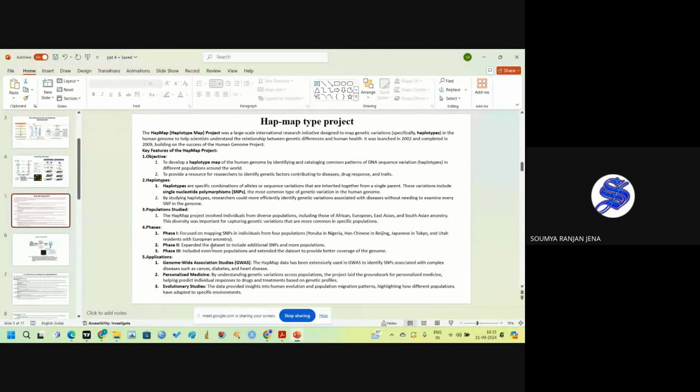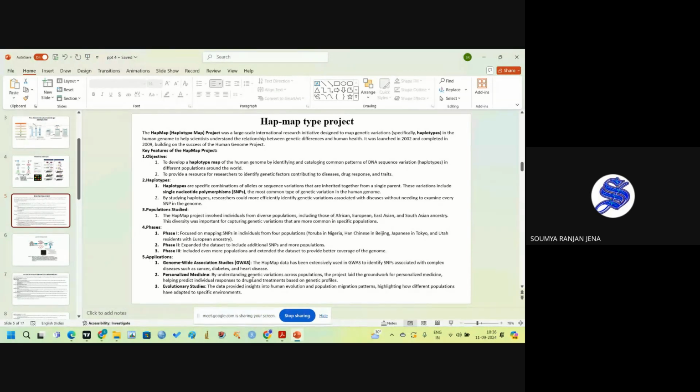Then it expanded the data set to include additional SNPs and more populations. Then Phase 2 included even more populations and extended the data set to provide better coverage of the genome, because if you study more genomes or more populations, it will give a better result in the study of SNPs.